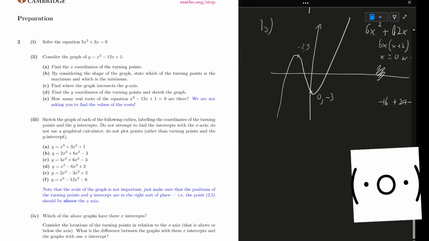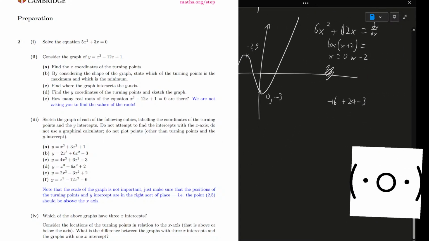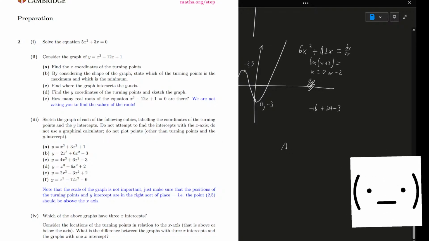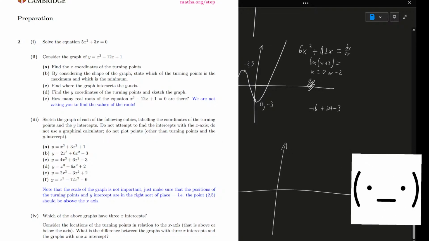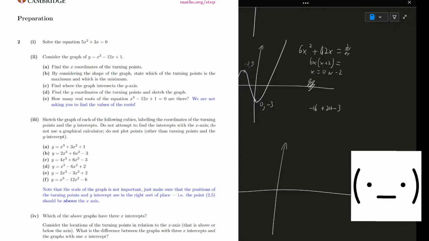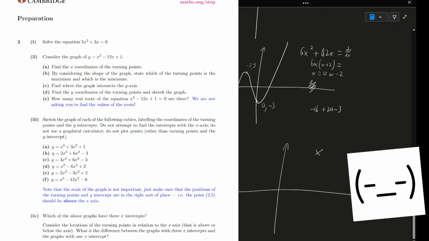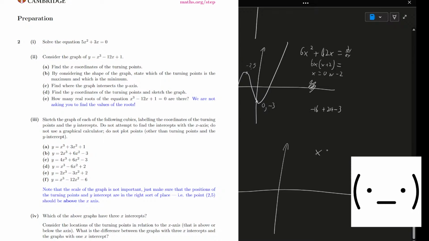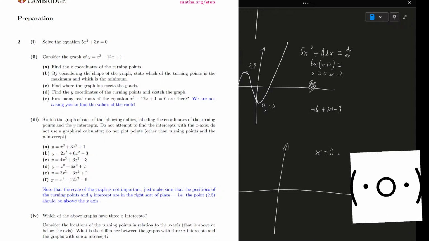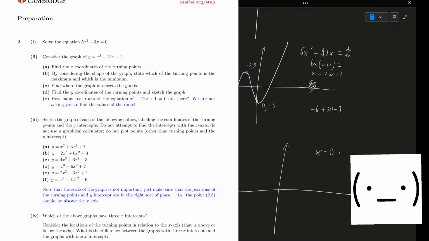Okay, maybe you can do it without differentiating, especially for C. I can see how you do it without differentiating for C. So our turning point is gonna be 0 and this.